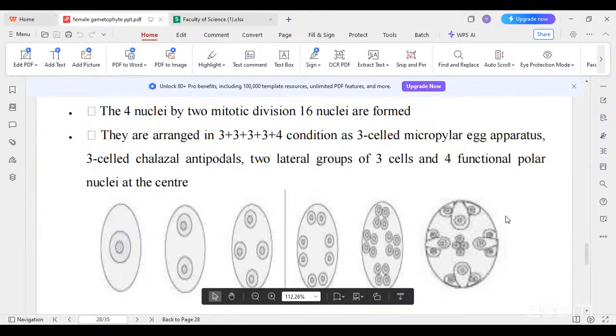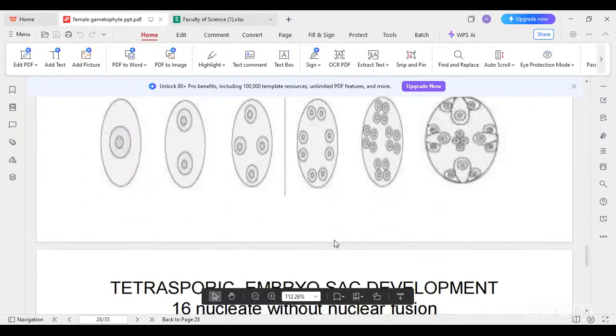Second, here total 16 cells: three egg apparatus, three-celled chalazal antipodal, two lateral groups of cells, and four functional polar nuclei. 3 plus 3 plus 3 plus 3 plus 4. Total 16-nucleate structure, that is the Penaea type.